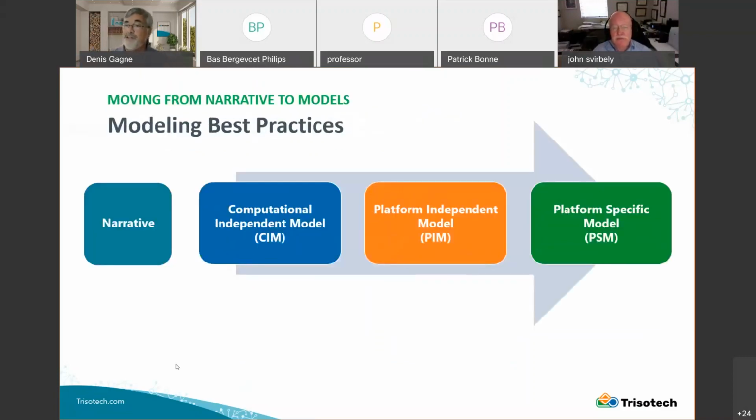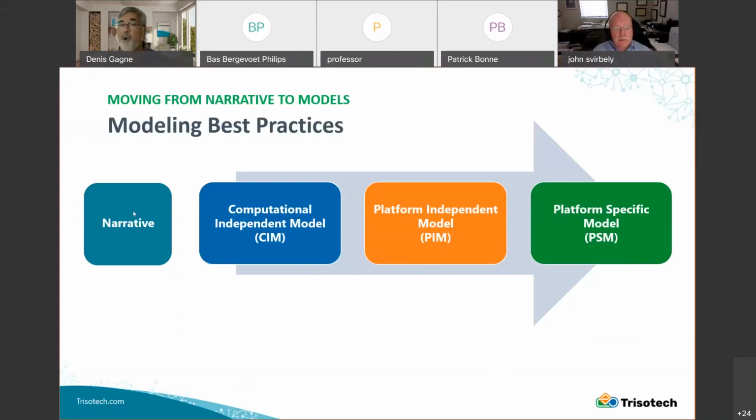Okay, so in doing this phase one, as John mentioned, we created over 1,000 models, of which 667 we exposed as services. So we had a lot of learning experience in doing these models and putting them in the wild. Some of the best practice that came out of this is how we move from a narrative of a clinical guideline to a platform-specific model that is executable against a physical system.